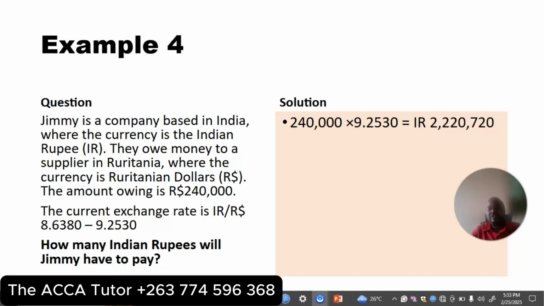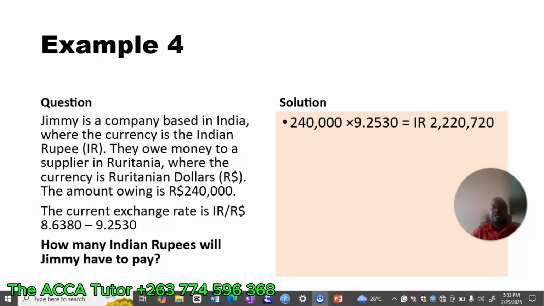The current exchange rate, Indian rupee to Ruritanian dollars, is 8.6380 to 9.2530. How many Indian rupees would Jimmy have to pay?